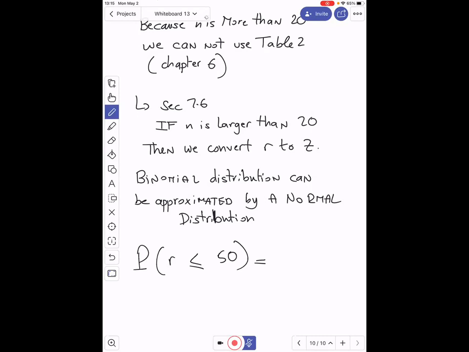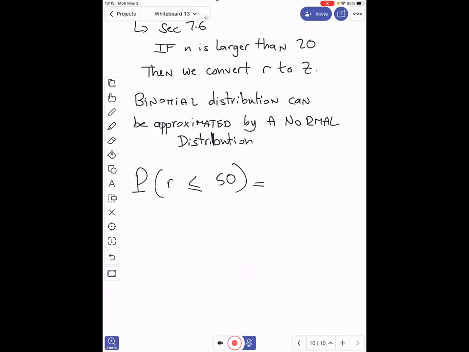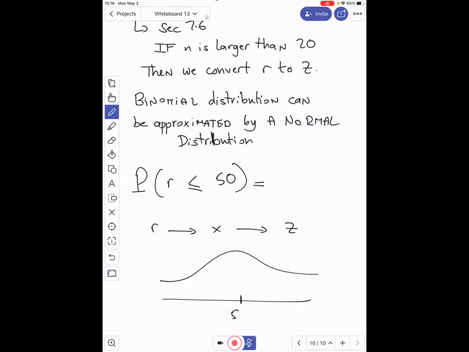First, we need to go from R to X, and then from X to Z. Now the problem is to go from R to X. R is less than or equal to 50, so that will be this.